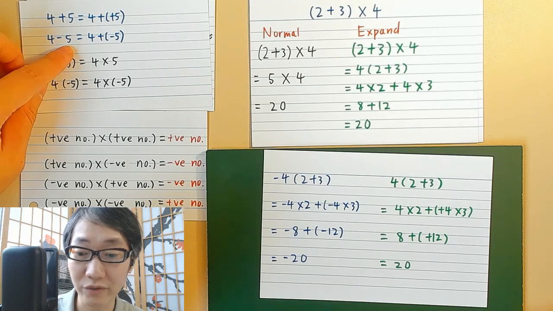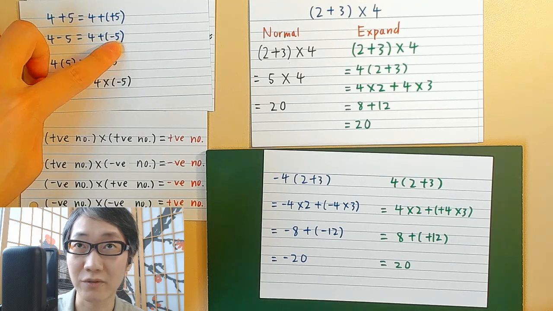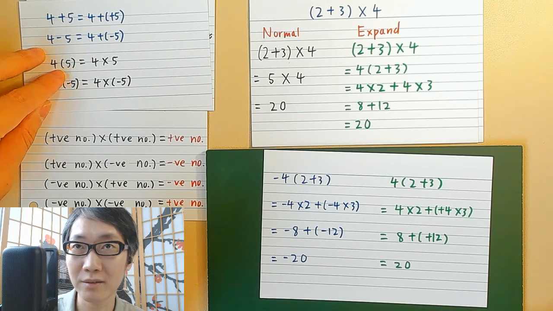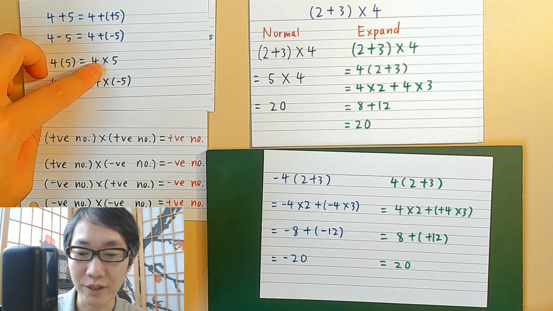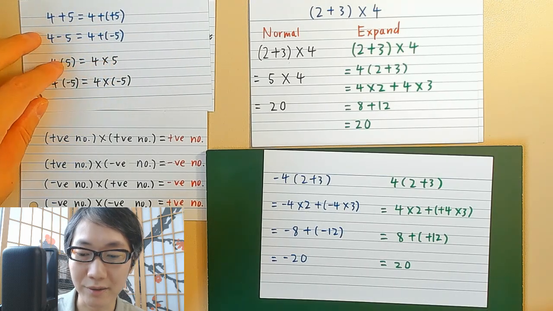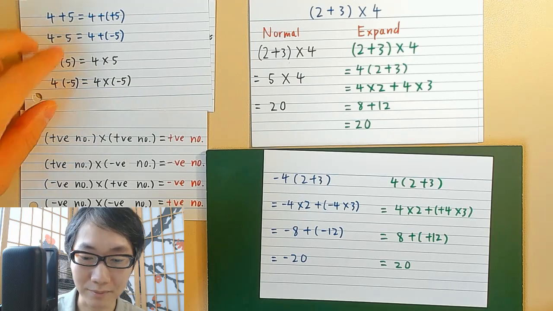We put them together without brackets. It means we are adding them: 4 plus negative 5. If we put two terms together with brackets, positive 4 bracket positive 5, it will be positive 4 times positive 5. It means multiplying. Same here. It means multiplying.